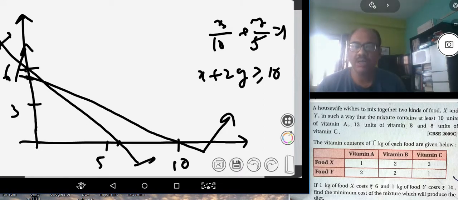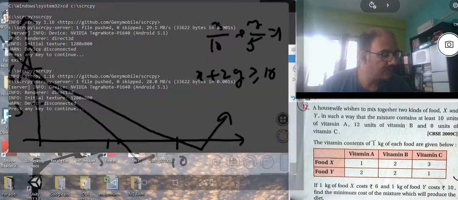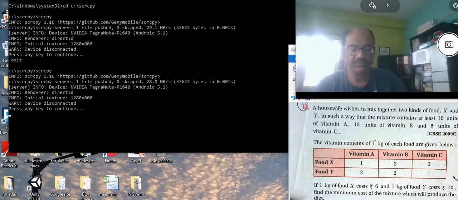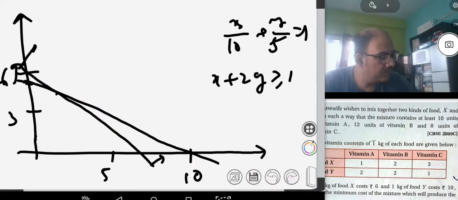So we have drawn the two straight lines.